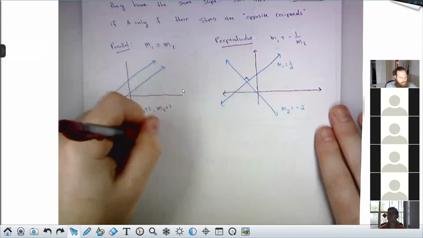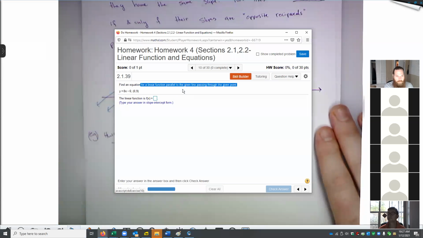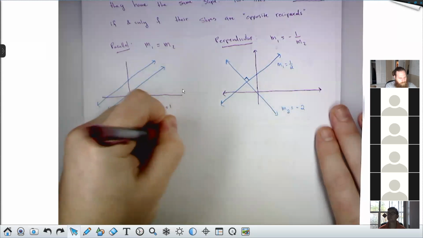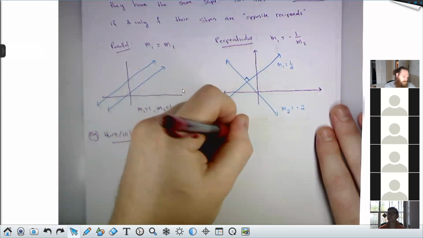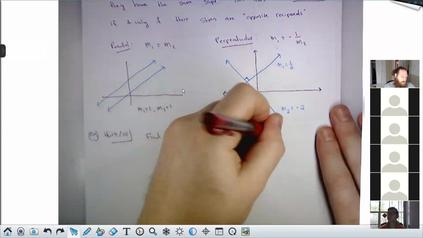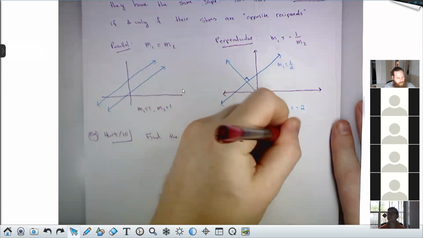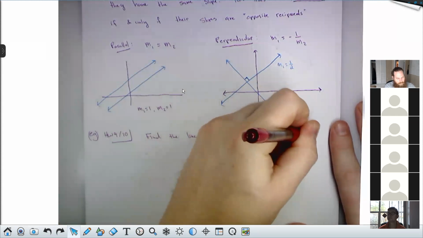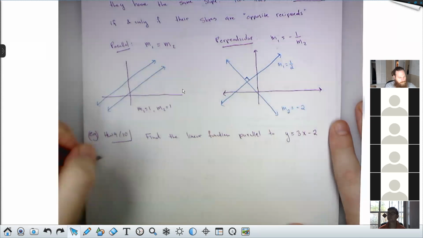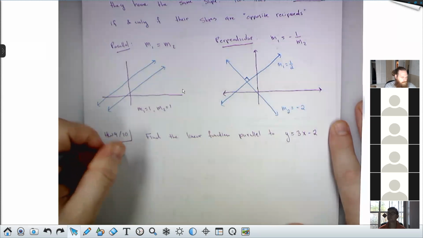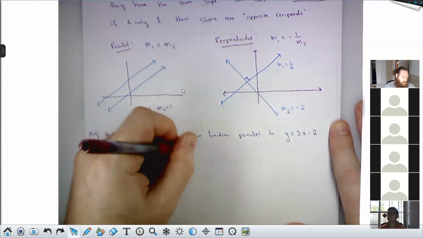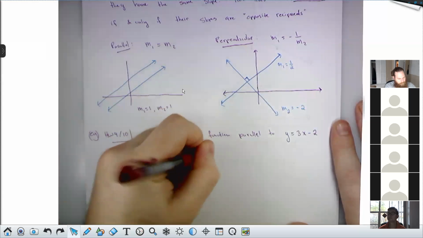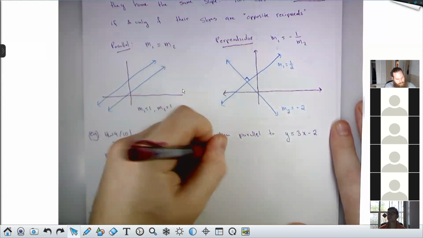We'd like to find an equation for a linear function parallel, find the linear function parallel to, I'll make up my own stats here, y equals 3x minus 2, passing through the point, how's about -1, 7.